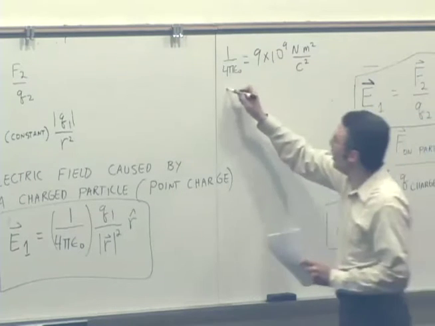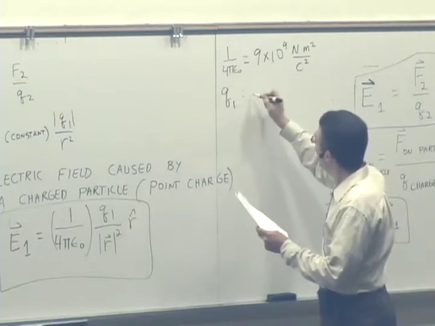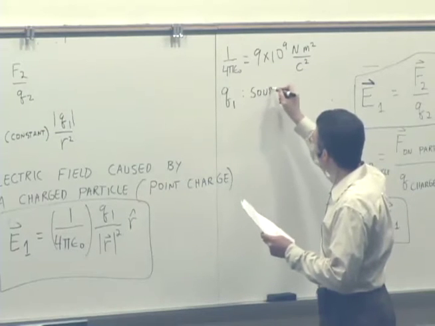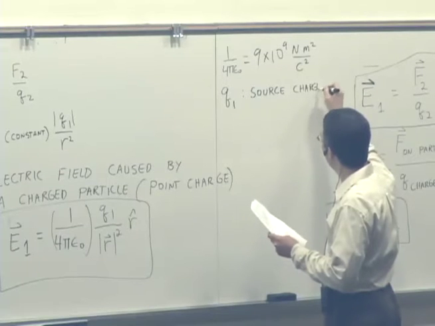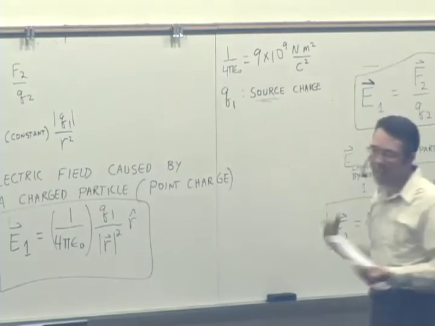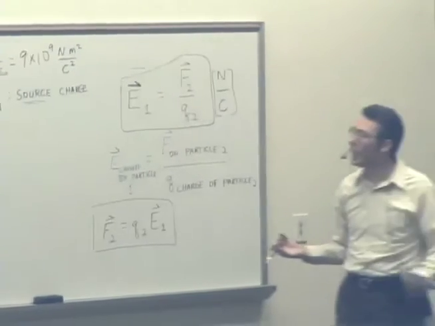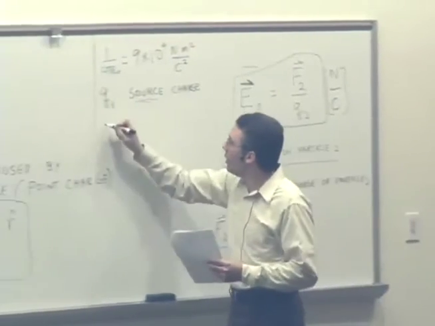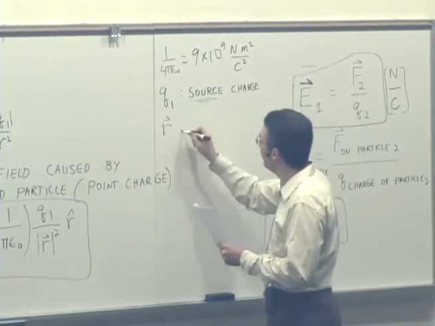Q1 we're often going to refer to as the source charge. Source meaning it's what's causing the electric field that we are observing. Okay? R is a relative position vector.